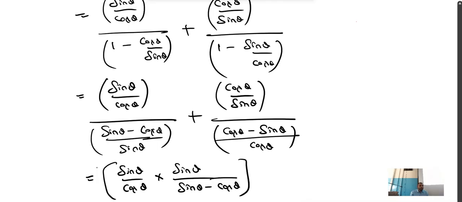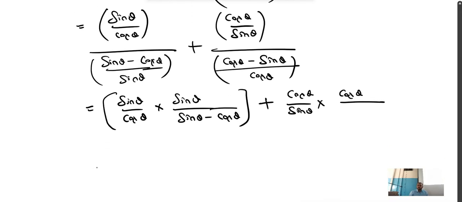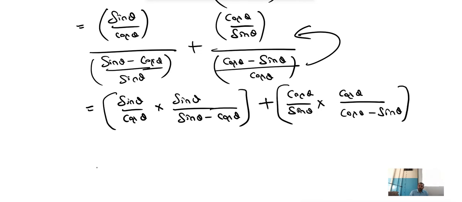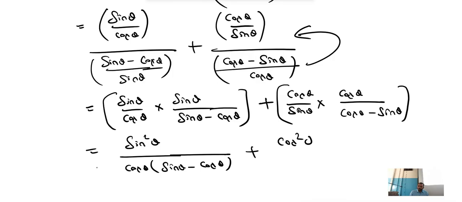Correct? This part is separate. Plus cos theta by sin theta into cos theta by cos theta minus sin theta, because this entire term comes to the numerator. Now multiply sin theta into sin theta, sin square theta by cos theta into sin theta minus cos theta, plus cos theta into cos theta, cos square theta by sin theta into cos theta minus sin theta.